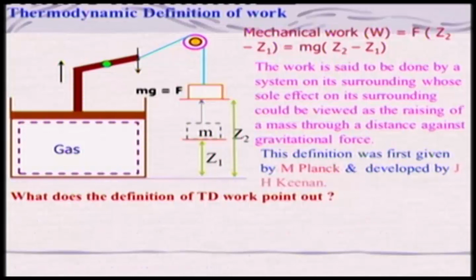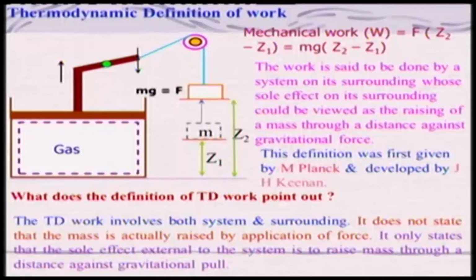Certainly no. What it says is that the thermodynamic work involves both the system and the surroundings. It does not state that mass is actually raised by the application of a force, in this case gravitational force. It only states that the sole effect external to the system is to raise the mass through a distance against the gravitational pull.